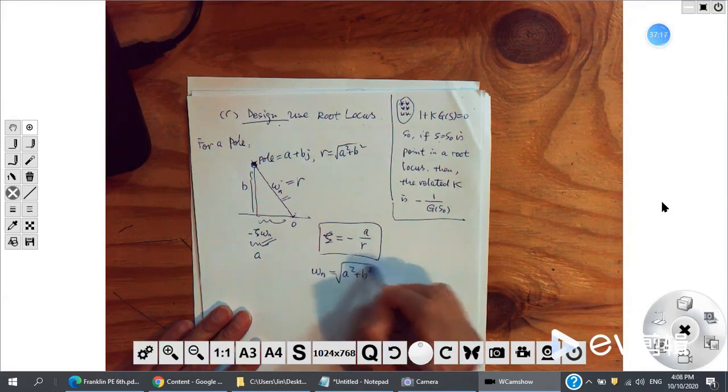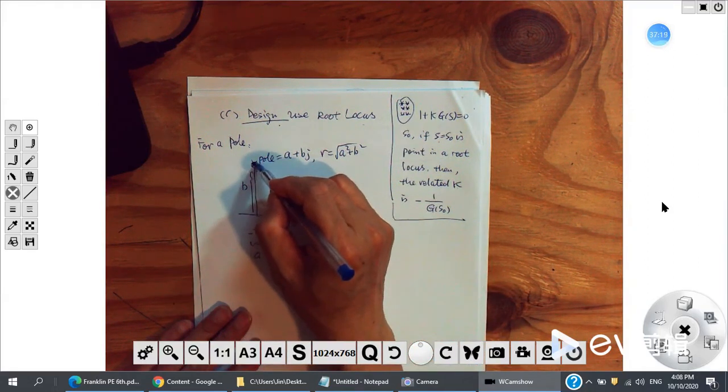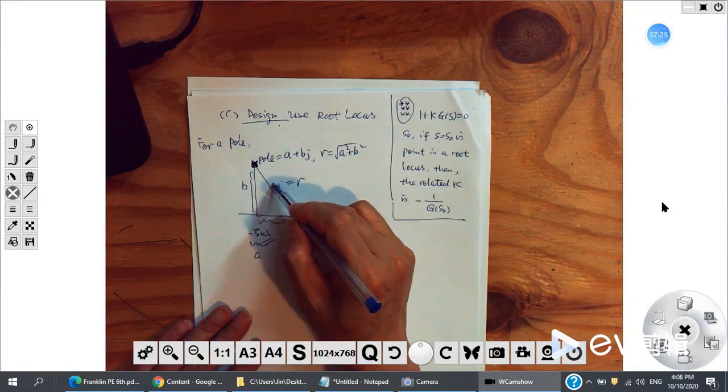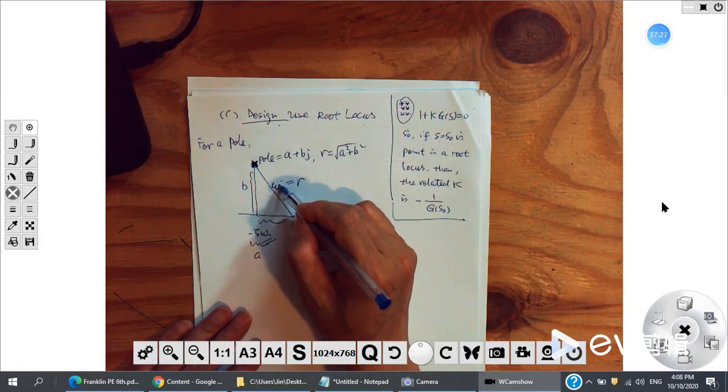So you pick a point on the root locus, you use that point as a pole of the system, and at the same time you also have omega n.